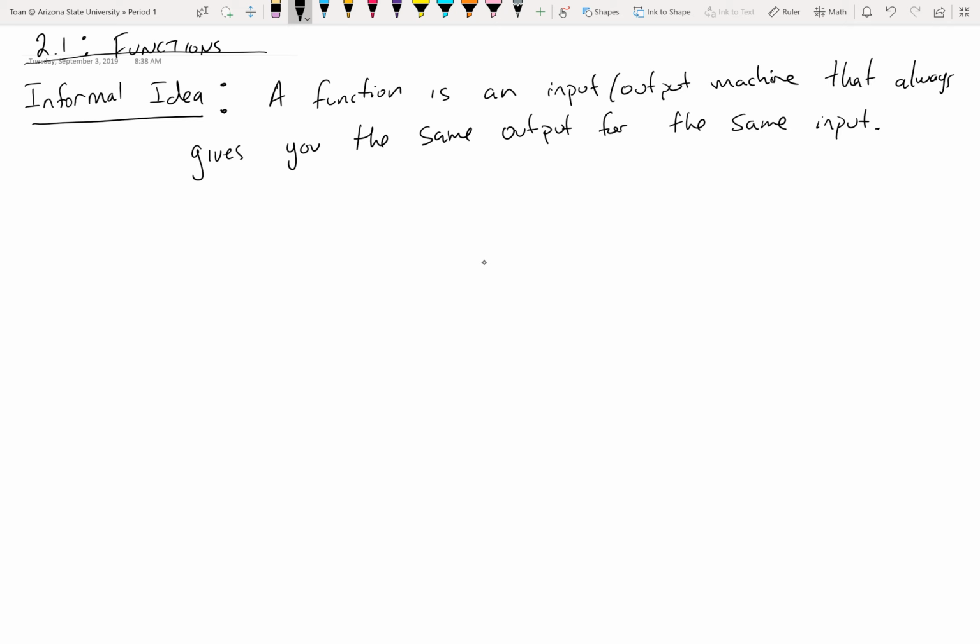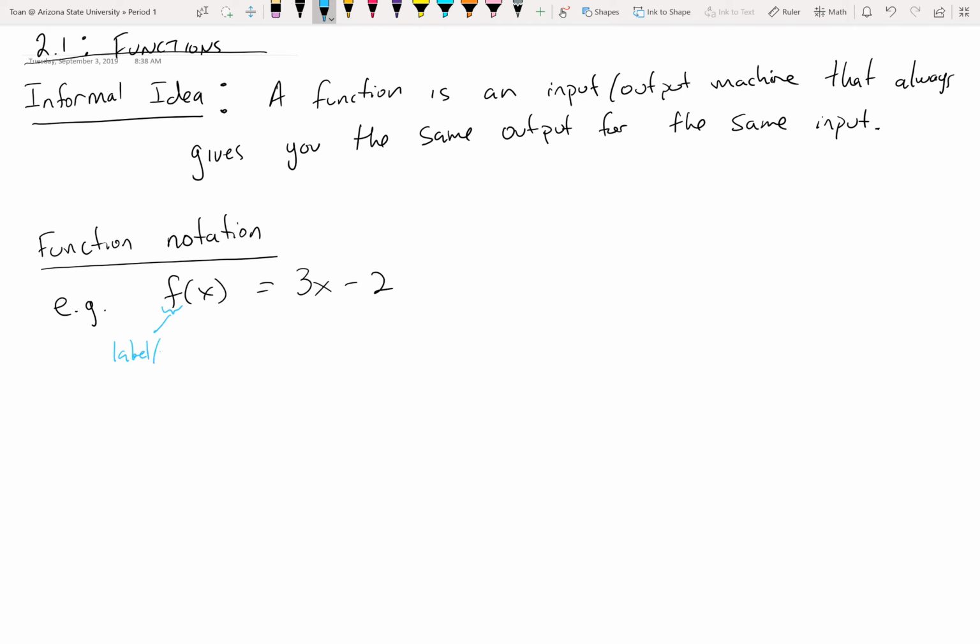Functions have a specific notation, not surprisingly called function notation. For example, f of x equals 3x minus 2. And the parts of the notation are pretty self-explanatory. This f here is sort of like the label, or the name of the function.